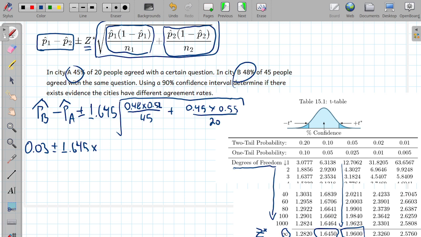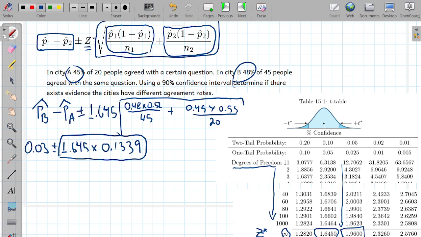Now let's add those two numbers together. And remember to take the square root. So our square root then works out to 0.1339. So recall from our previous chat that this is called the margin of error, which we have to add and subtract to our estimated difference between the two proportions.